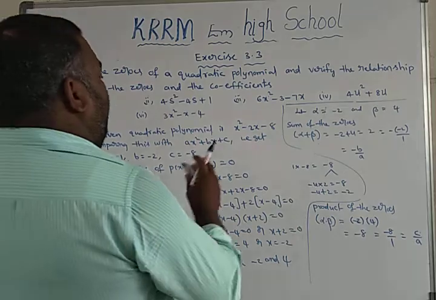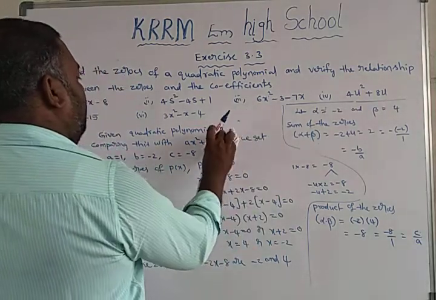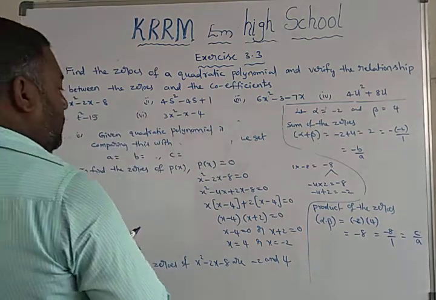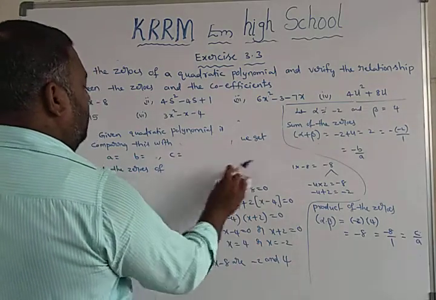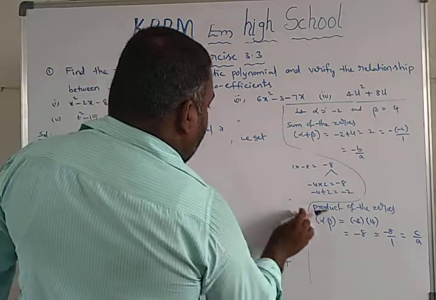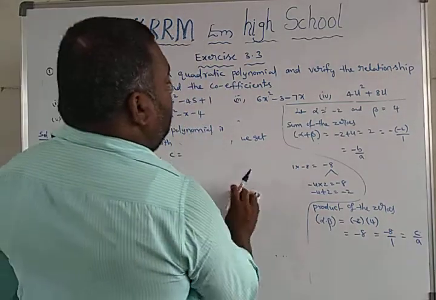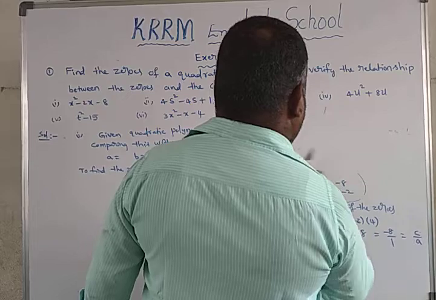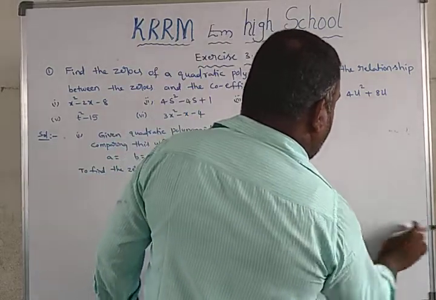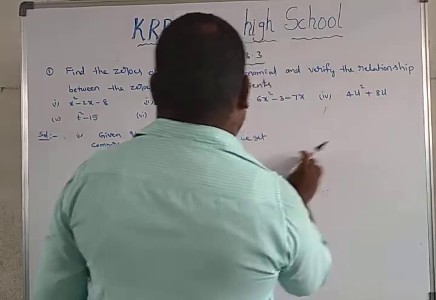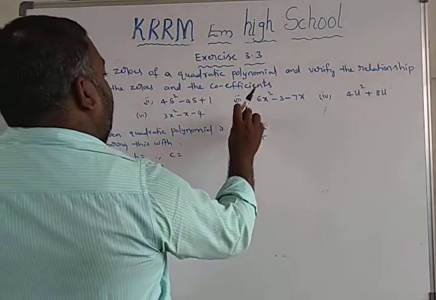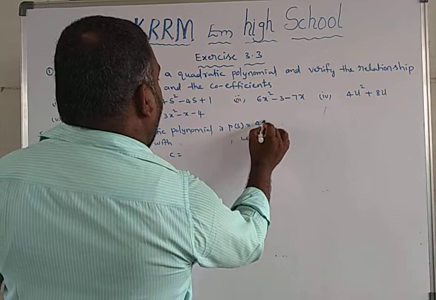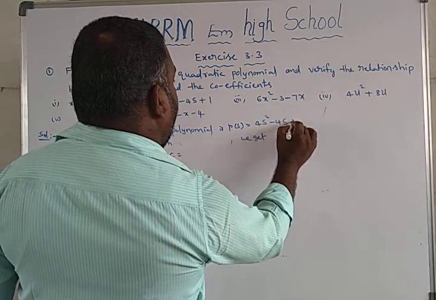What is the second one? The given quadratic polynomial is p of s is equal to 4s square minus 4s plus 1.